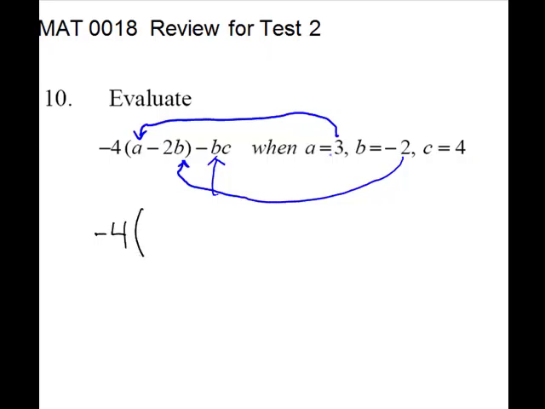I'm going to switch to blue so you can tell what I'm doing. So 3. My minus is already there. And my 2 is going to be times my B. So I'm going to use a little parentheses there for my B, which is a negative 2. Close your parentheses that's there.